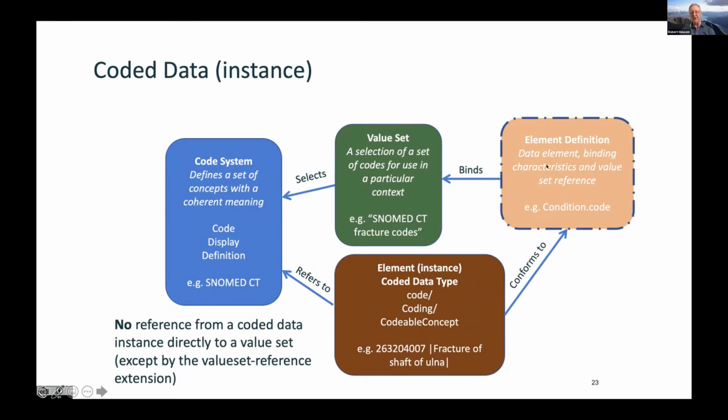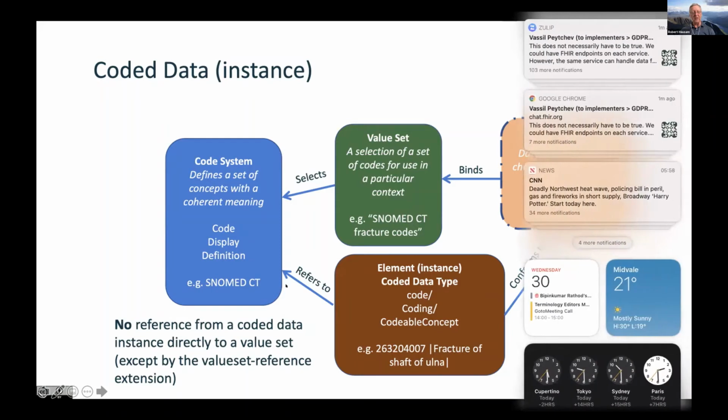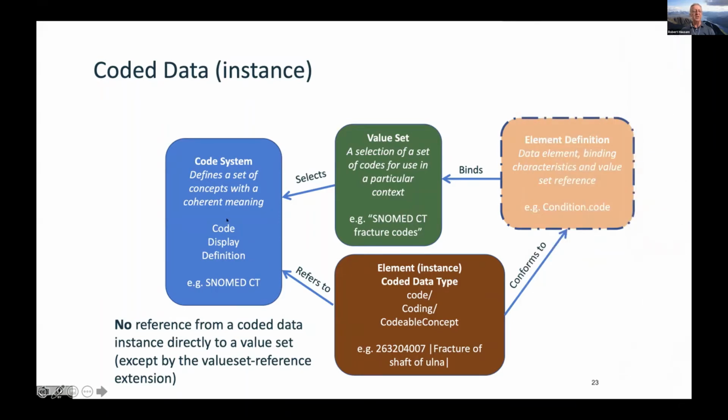So it has to follow the value set binding that was defined in the element. But the code that's selected does not refer back to the value set. That's an important thing to realize. It actually refers directly to the code system, because the code system is where the meaning comes from. That's always the anchor. And so that's why you don't see any references to the value sets in your coded data types.